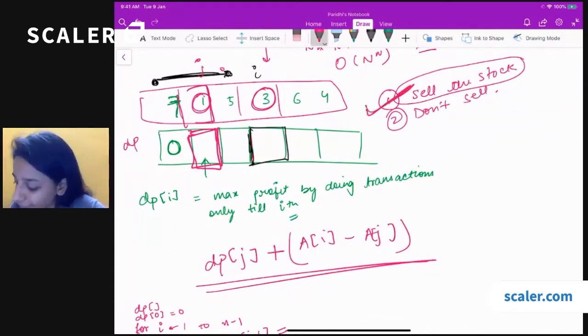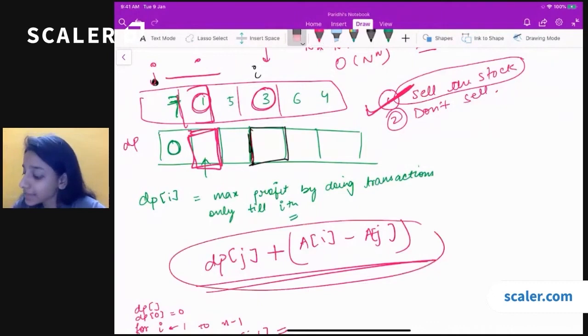We will check for every I, for every j, starting j from 0 all the way till I minus 1. And there is another case when we don't sell the stock. If we don't sell the stock, then we take whatever is present on the previous day.